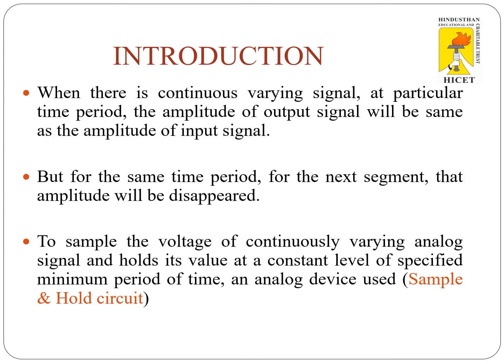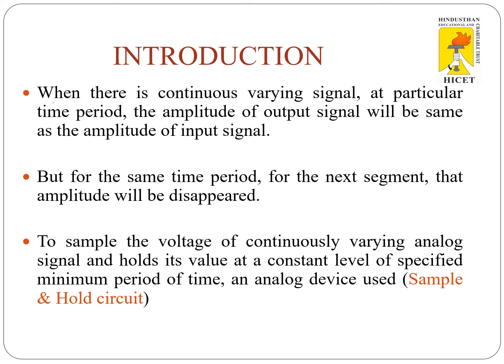Before getting to this introduction part, let me say what is sampling and holding. This S and H circuit is highly useful in the communication field, which is used to convert analog to digital signals. Let's see the sampling and holding operation using an op-amp here.